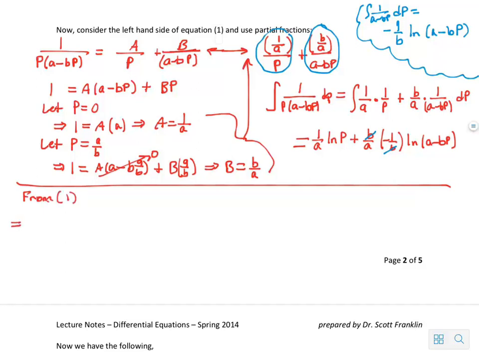Plus the integral that I just got, I have 1 over a natural log of p minus 1 over a natural log of a minus bp is equal to, and the other side was the integral of dt, right? Back on equation 1, you can look up higher on the page, the right-hand side is the integral of dt.